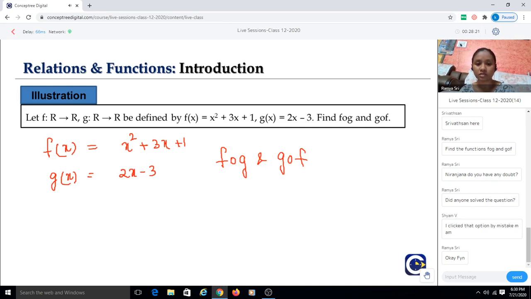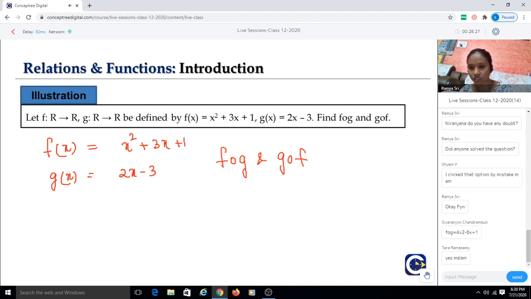If not, I'll try to explain this one. Shivaranjani has given the answer: 4x square minus 6x plus 1. Tara has also solved. Okay, I'll quickly solve it once for you.